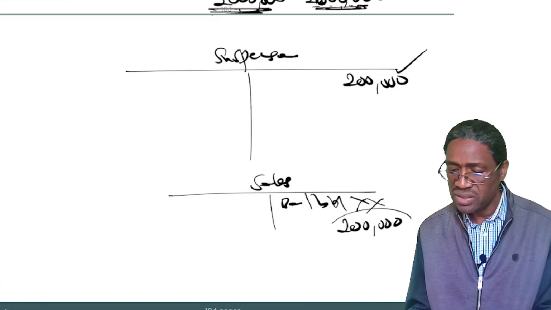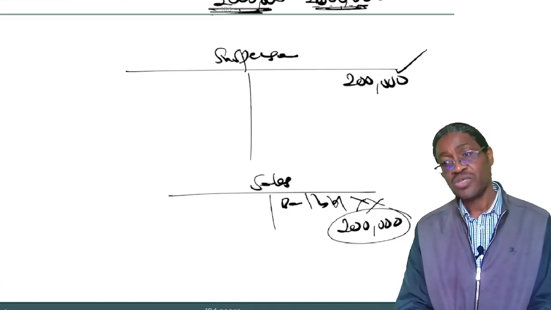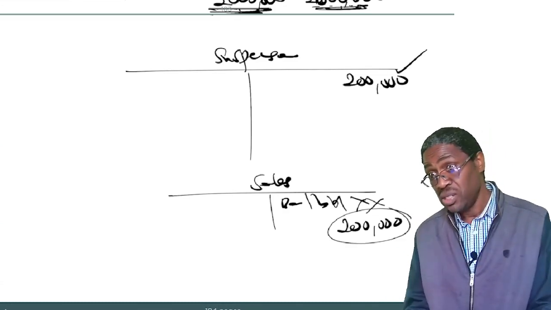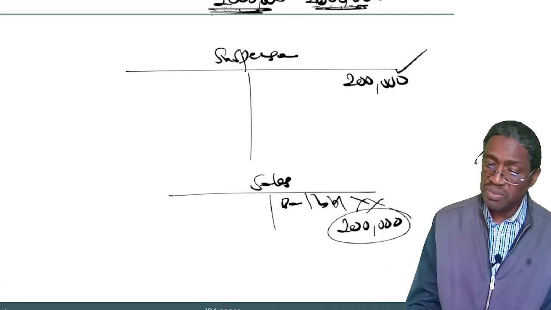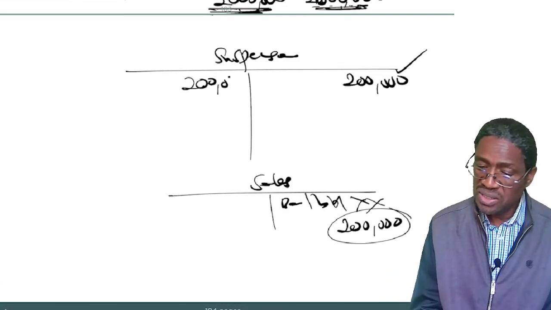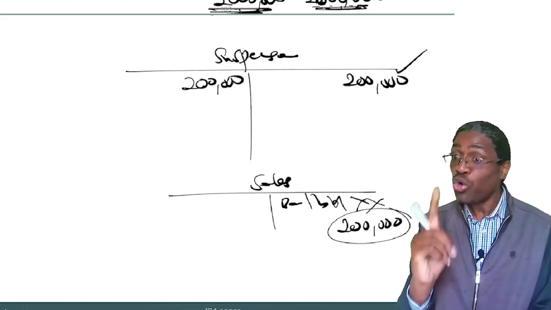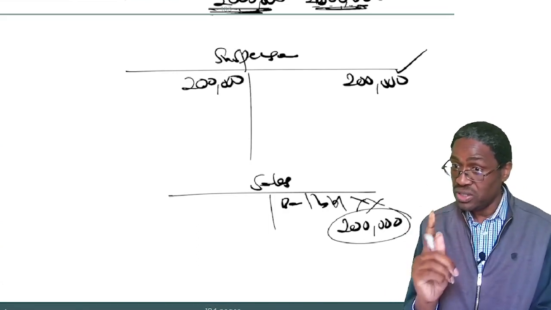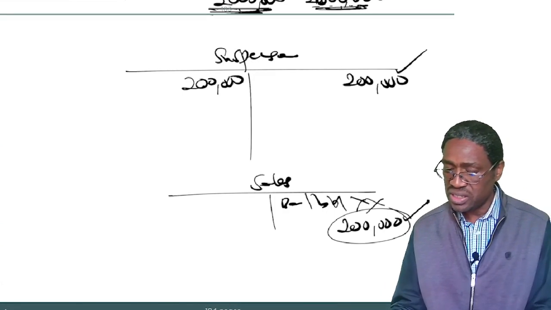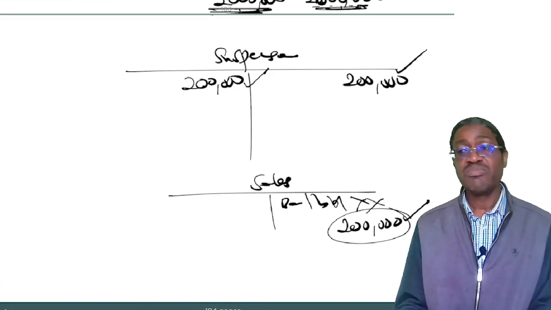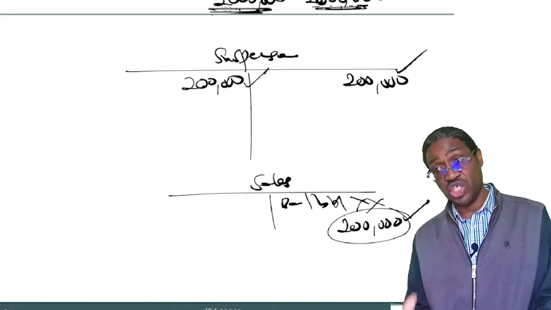They were undercasted by how much? 200. So you will credit sales and now you will debit suspense to correct the error. I hope you're following. You will credit the sales and you will debit suspense. Why? Because you suspended the amount initially.